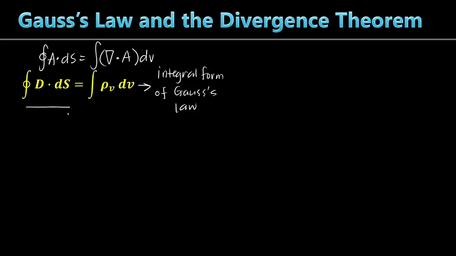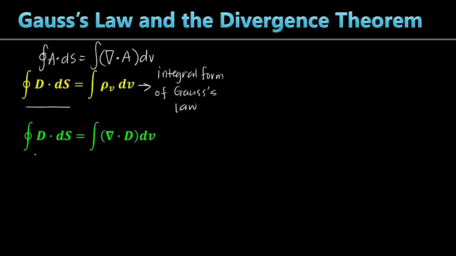So, kung gusto nating applyan ng divergence theorem ang left-hand side ng Gauss's law, papalitan lang natin ng D yung A dito sa divergence theorem. And also, this A, we will replace it with D. Okay? And we will get this.